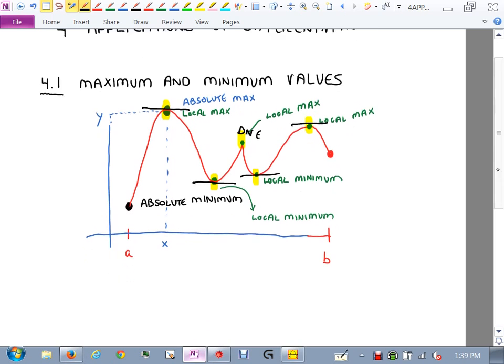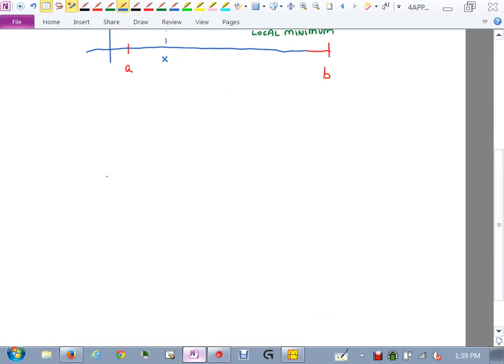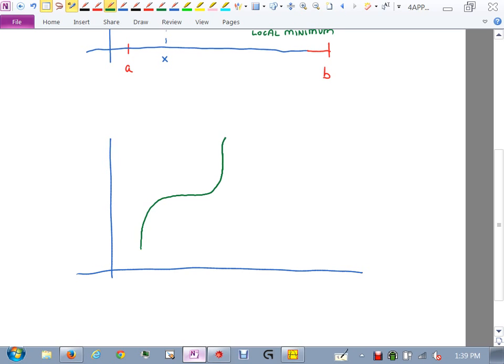So why don't I draw something else and kind of spoil your little mental party you're having there? How about if I draw this? Here's my curve. I put arrows on there to symbolize that this is going to go forever.